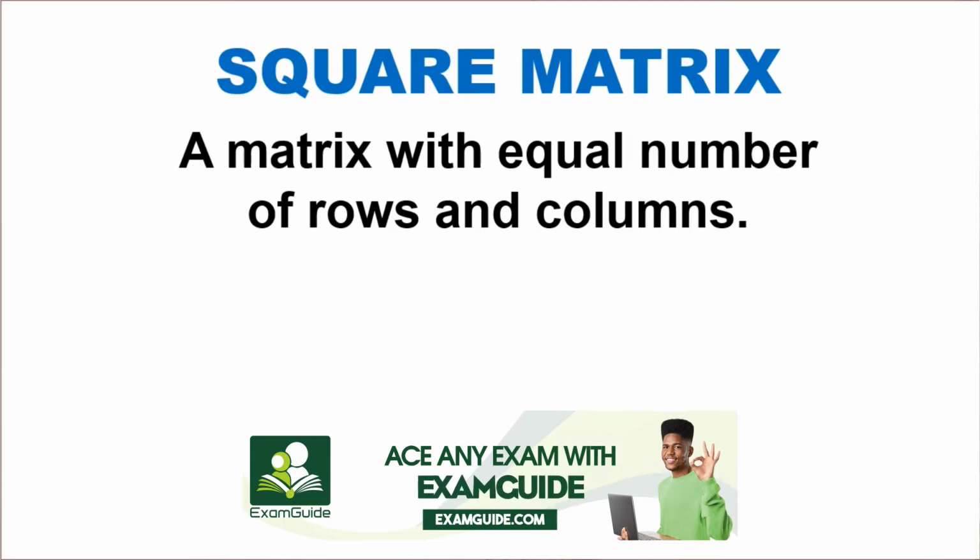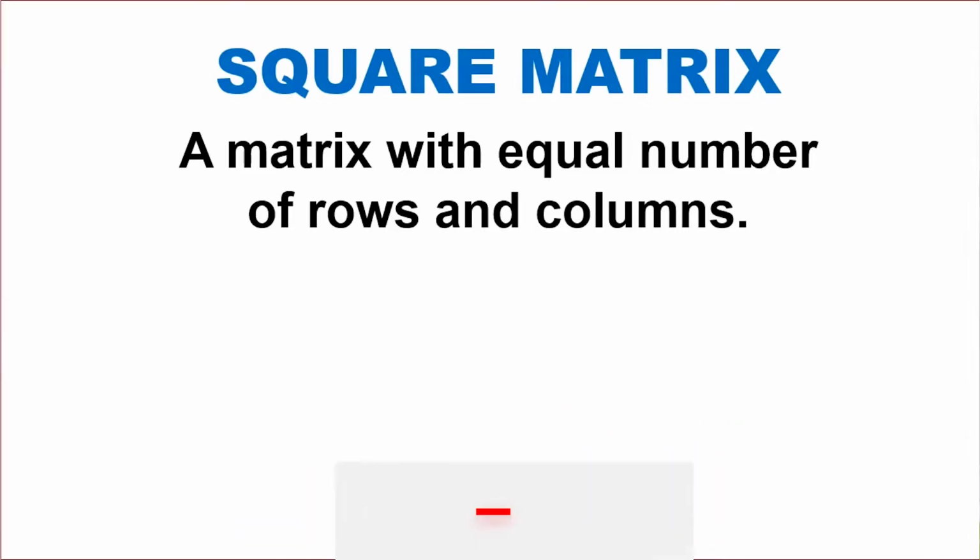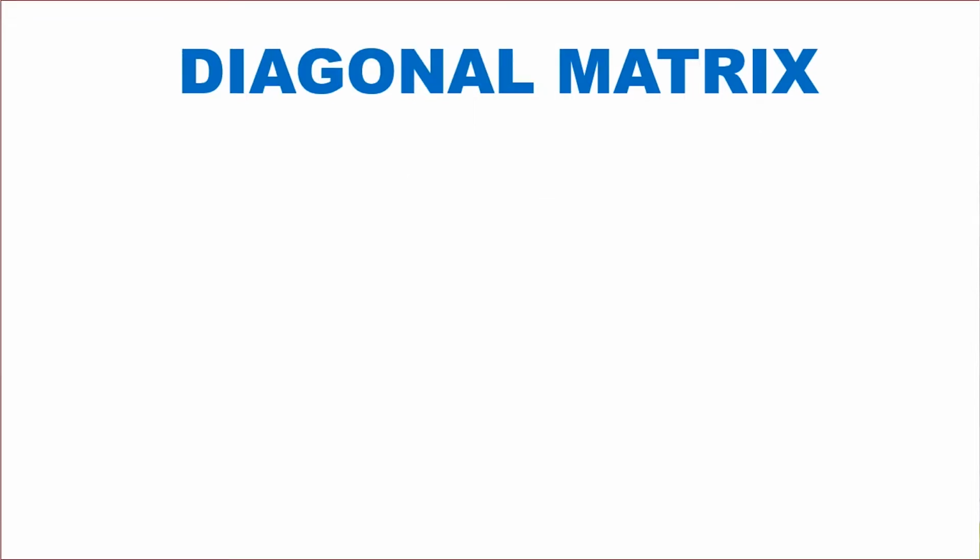A matrix with an equal number of rows and columns is known as a square matrix. For instance, I have 2 by 2, 3 by 3 matrices. Provided the number of rows equals the number of columns, you know that it is a square matrix.